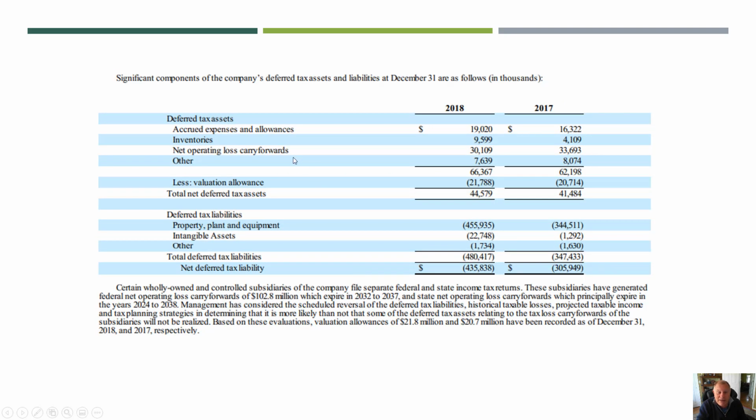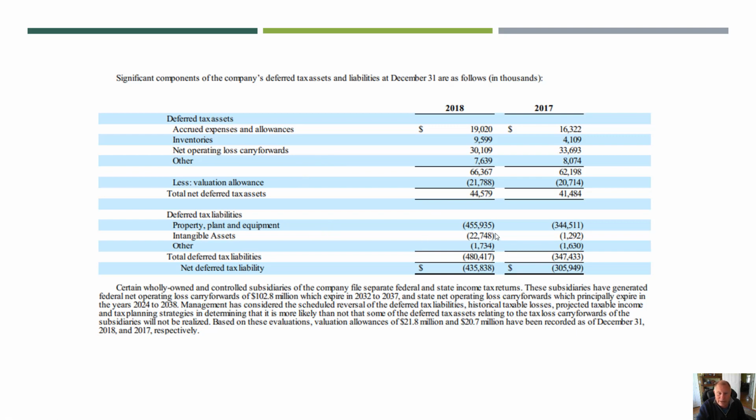They then break down everything that you need to know, what the deferred tax assets are, and what they relate to. Some of them are deferred tax assets, and others are deferred tax liabilities, giving us a net liability. And as we can see, the biggest one is property, plant, and equipment, which is all depreciation.